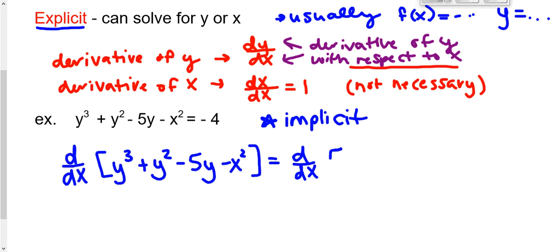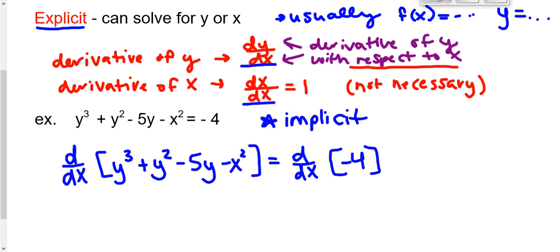Notice the d over dx means, hey, take the derivative of this. Just like if we wanted to multiply both sides by 2, we'd write a 2 on the outside of those parentheses. We haven't actually taken the derivative yet. Our next step is actually to take the derivative.